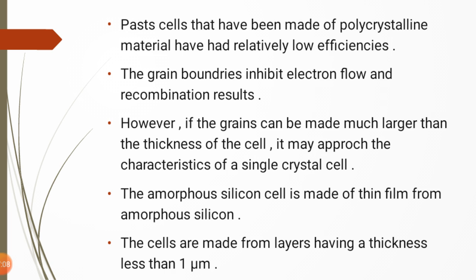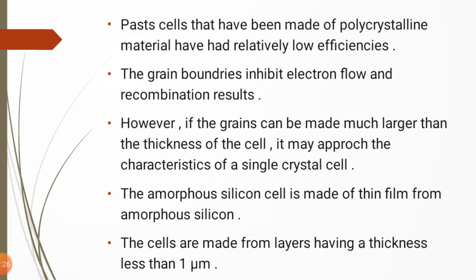So there is less electricity, or there is a generation of less current. So according to that, the single crystalline solar cell is the best as compared to the polycrystalline solar cell.